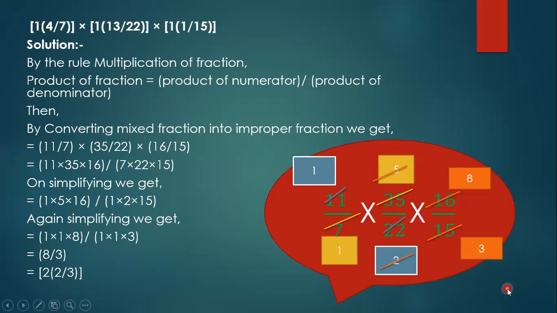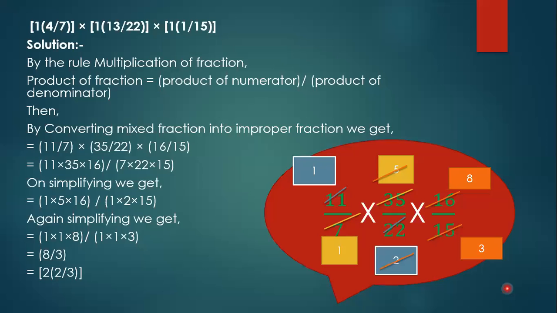Is this clear, children? Now pay attention. 8 by 3 is an improper fraction. Why do I say it is an improper fraction? Because clearly here the numerator is greater than the denominator, and whenever the numerator is greater than the denominator, what do we do? We convert it into a mixed fraction.